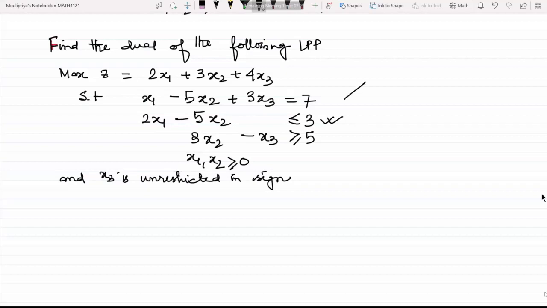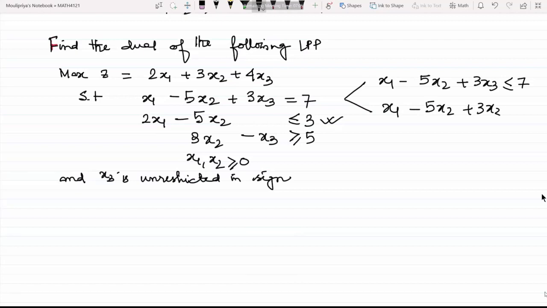Can I rewrite the first one as x1 minus 5x2 plus 3x3 less or equal to 7, and x1 minus 5x2 plus 3x3 greater than equal to 7? Can I split the equality into these two inequations? Fine.